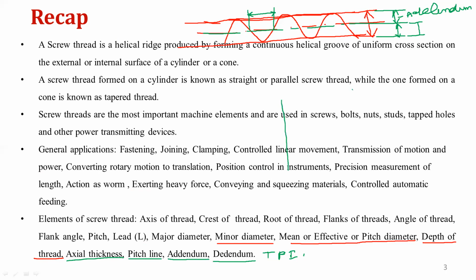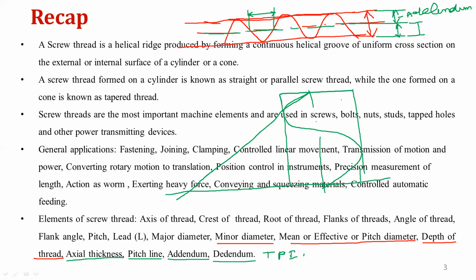So this is the cylinder. This is the axis of the cylinder. And this is the thread. If we unroll this thread and draw the development, this is the development of the helix.